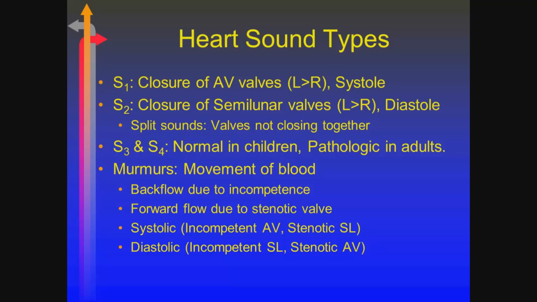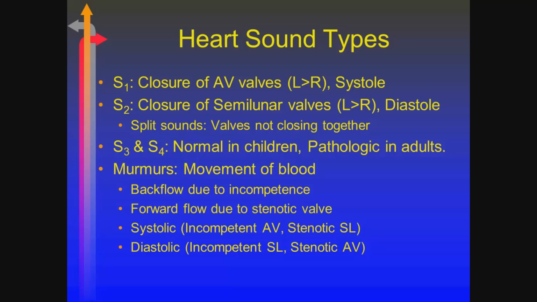And the primary reason is either the valve is incompetent and you have backflow, or if you have normal flow but it's through a stenotic valve, that's going to cause a murmur also. During systole, when the blood is being ejected from the ventricle, if my atrioventricular valve is incompetent, you're going to have backflow back into the atria.